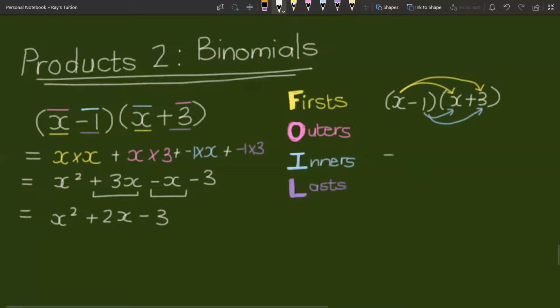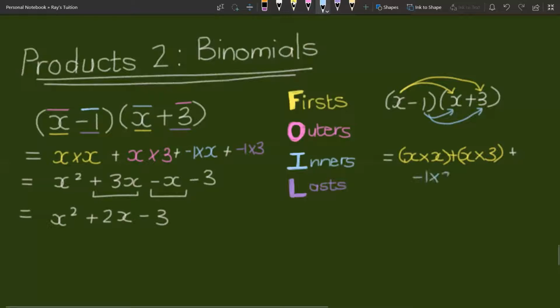So this would then be equal to, and now we're distributing the x terms, so it's x times x, that's the first one. Then we're going to distribute the x to 3, so plus x times 3. So there we distributed the first term to both terms in the second bracket, and then we're going to distribute the second term to both terms in the second bracket.